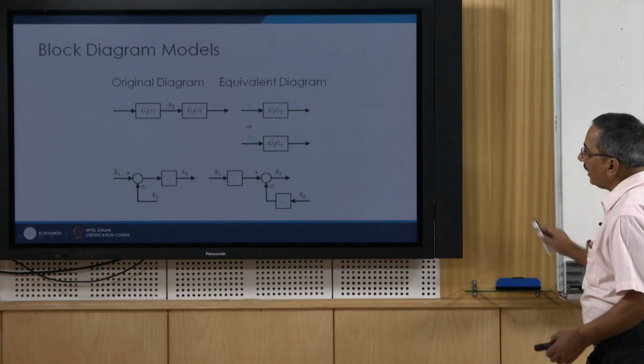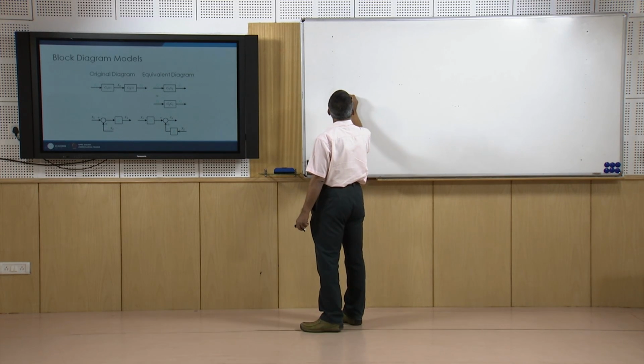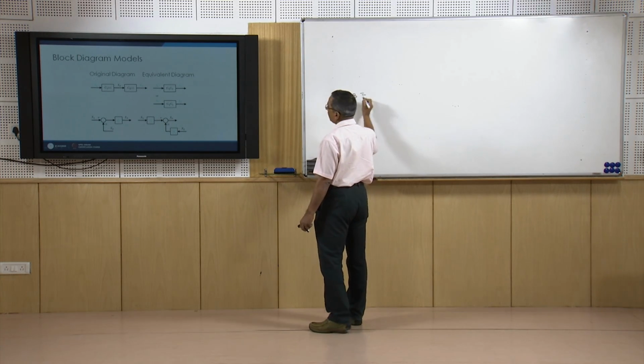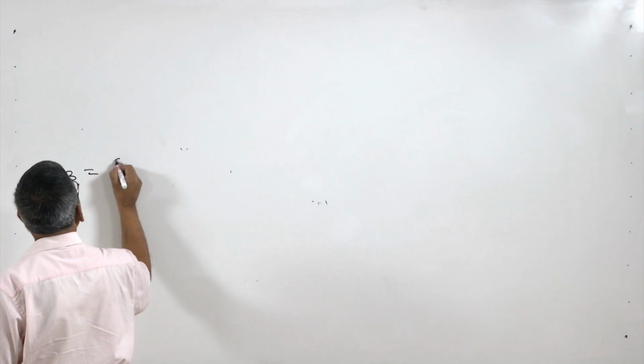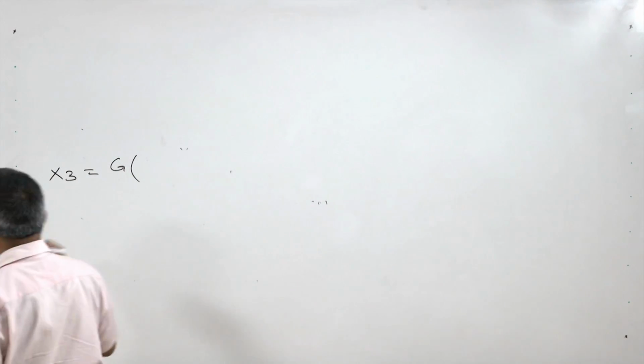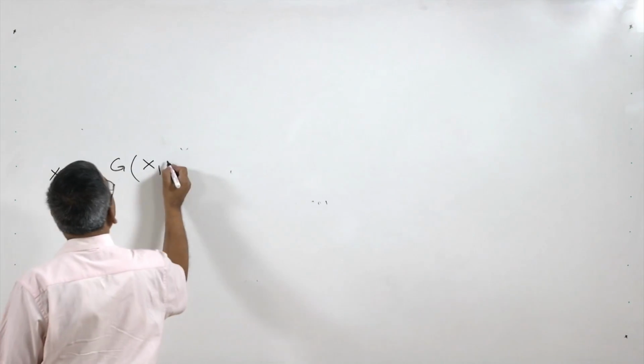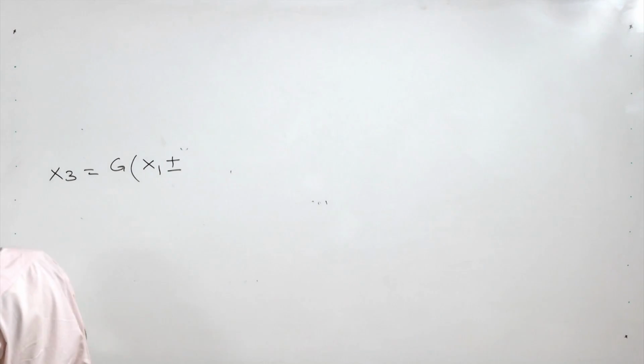If you look at the first one, x3 is equal to g times the error, that is the input to g, which is x1 plus or minus x2.